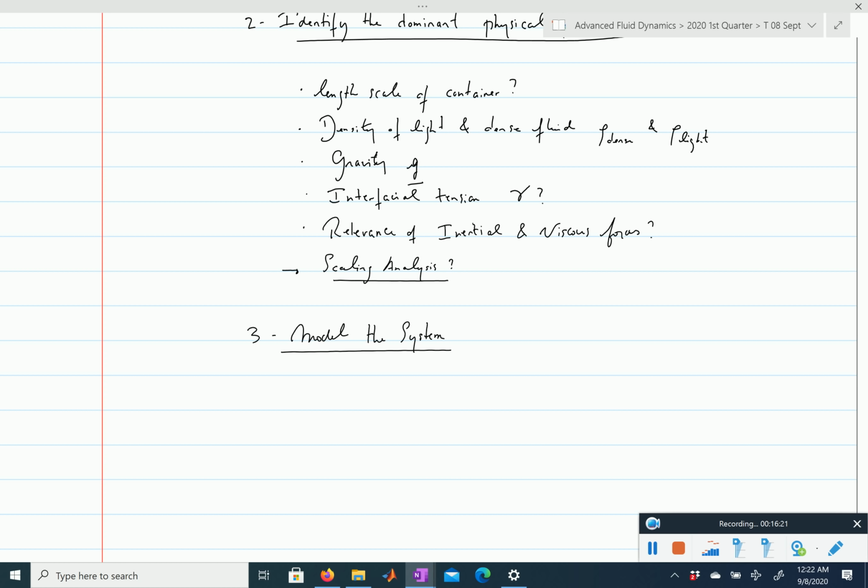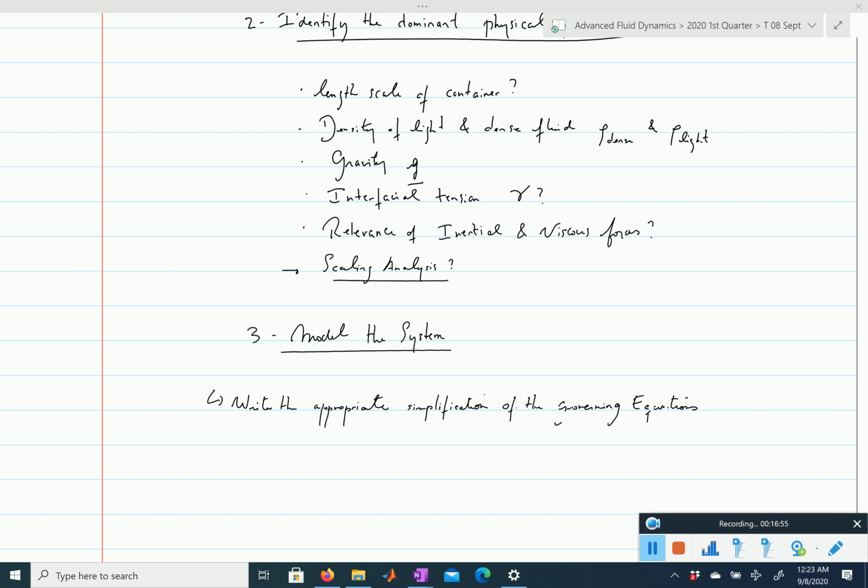Of course, you could also always just write the Navier-Stokes equation, but usually what you want is to write the appropriate form of the governing equations, or the appropriate simplification of the Navier-Stokes equation. And this we'll discuss in all of the different situations.